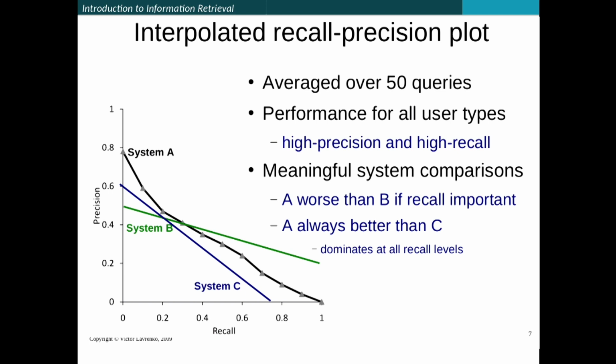So it's up to you to decide whether you want to use system A or system B, depending on whether you want a better recall or a better precision. Okay? This is the kind of argument through which you can compare two systems.